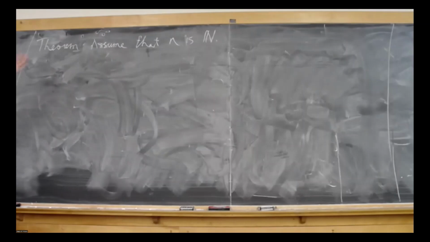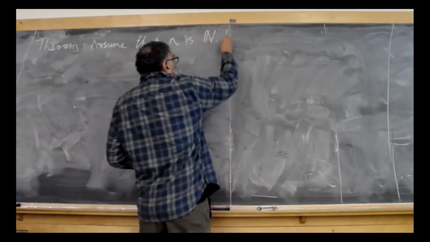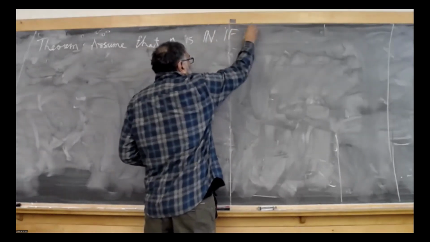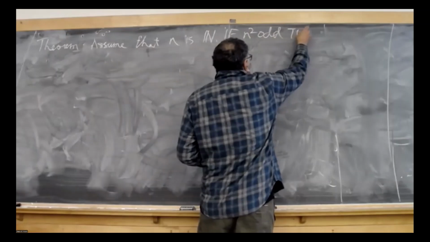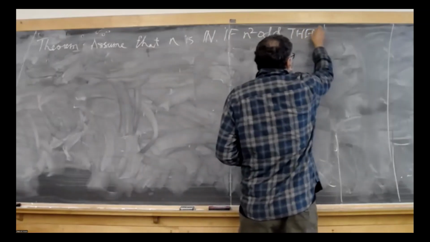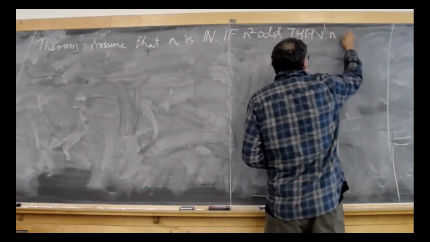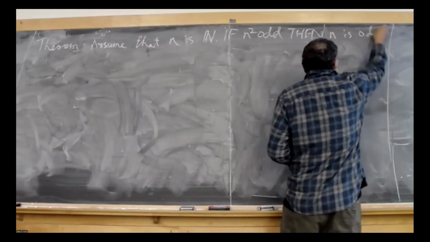So this is one of the assumptions that he just sticks in there, unfortunately. And then he says what he really wants a proof of is this thing here: if n squared is odd, and that's how he has it in the textbook, then n is odd.